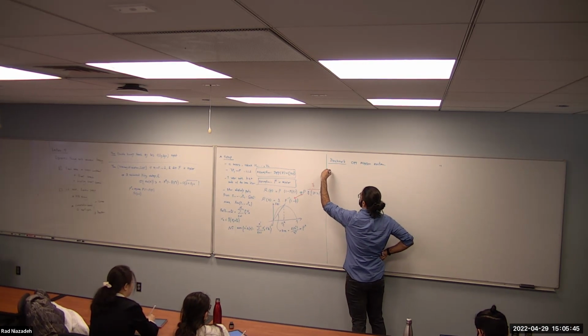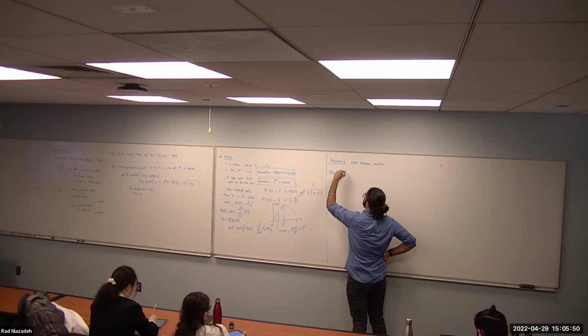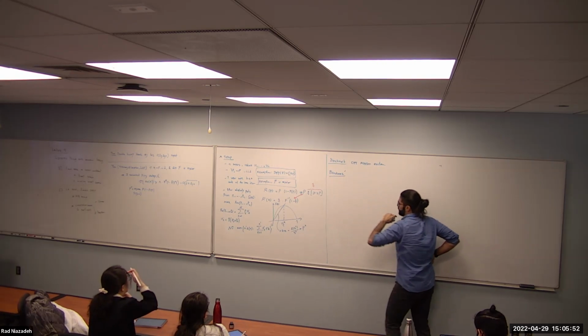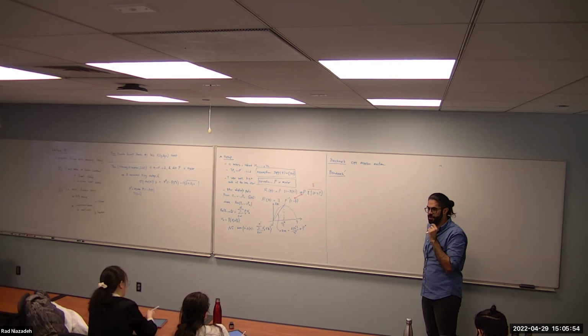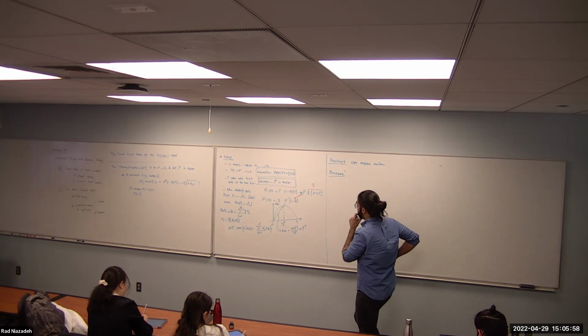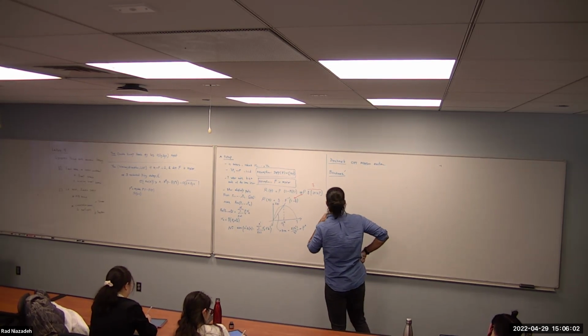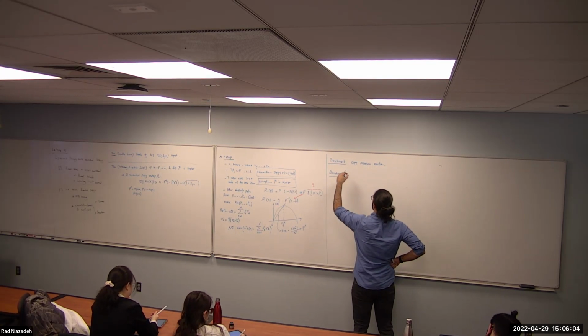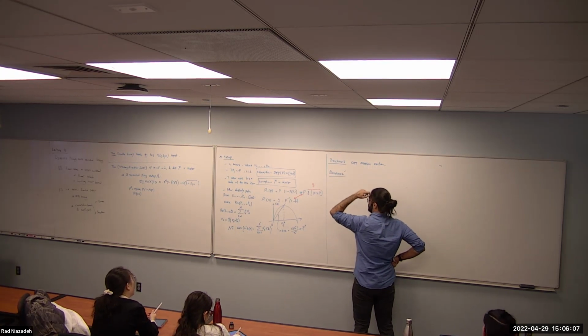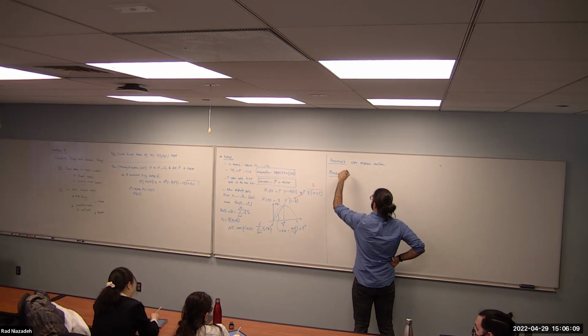Let me define another benchmark, benchmark prime. It's what I call the best fixed price in hindsight. So what is that benchmark? Basically, I'm looking at, let's say, a price.